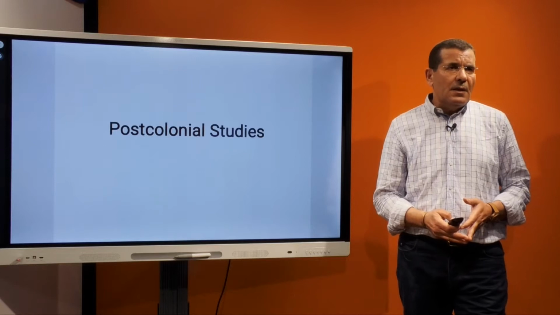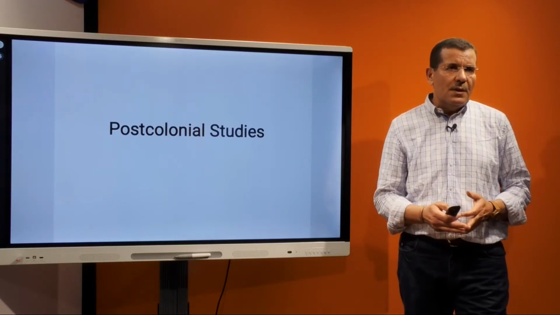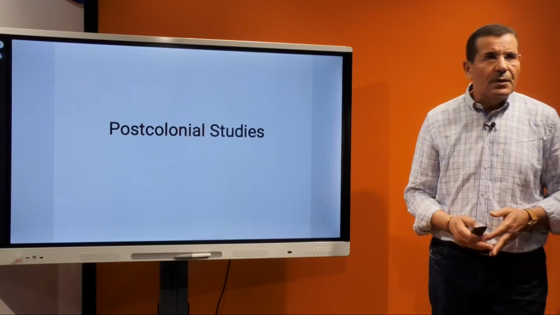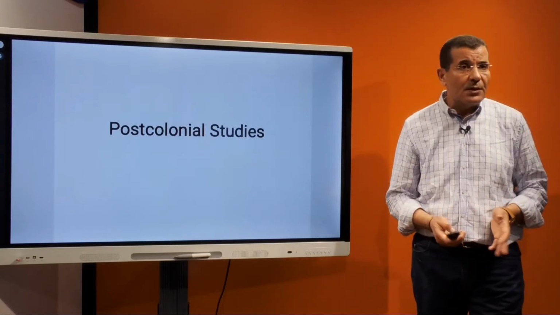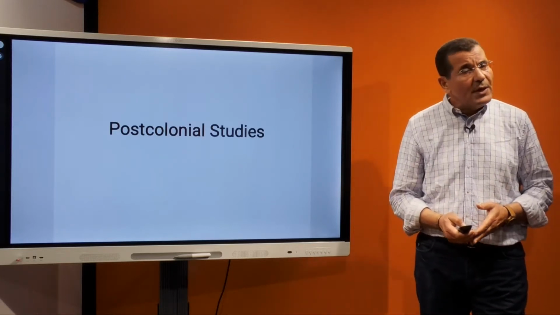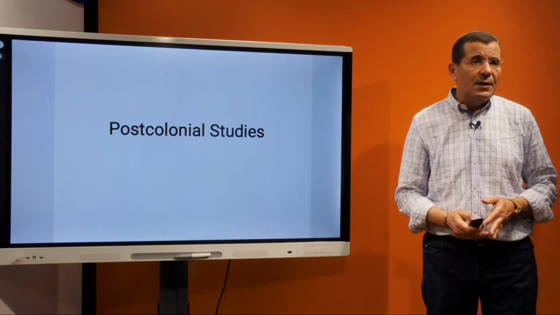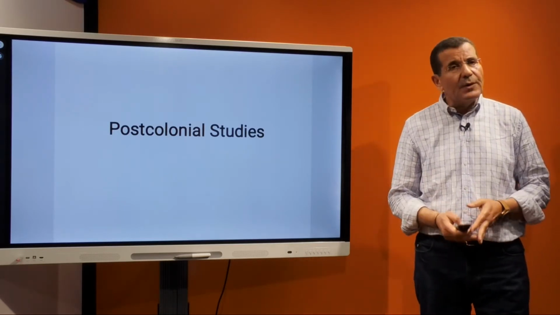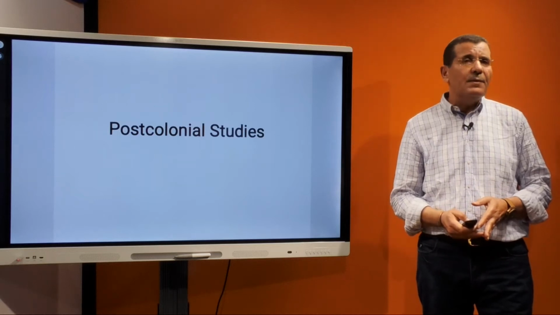And last time I introduced the organization, the structure of the novel Things Fall Apart by Chinua Achebe. And Chinua Achebe's Things Fall Apart is an icon of post-colonial African writing.